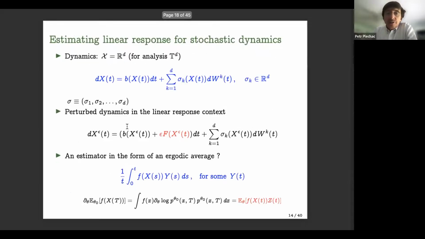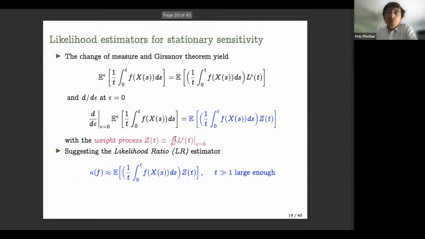If you look at a perturbation of this type, we can use Girsanov's formula to compute that reweighting process Z explicitly.